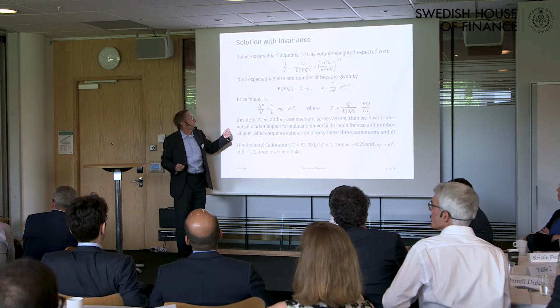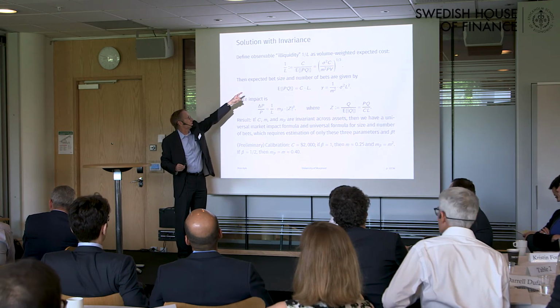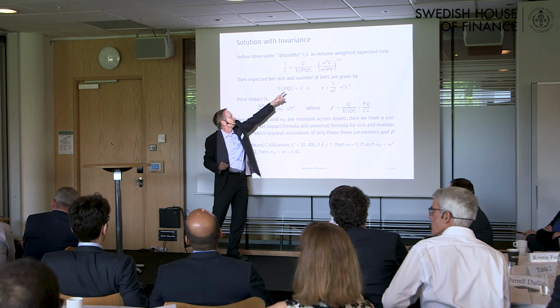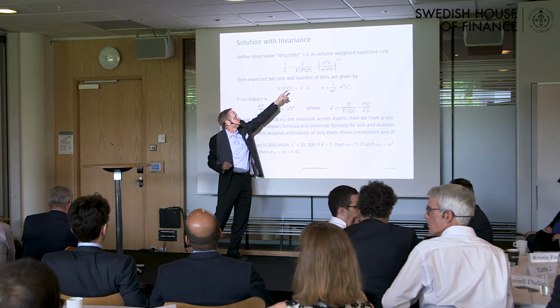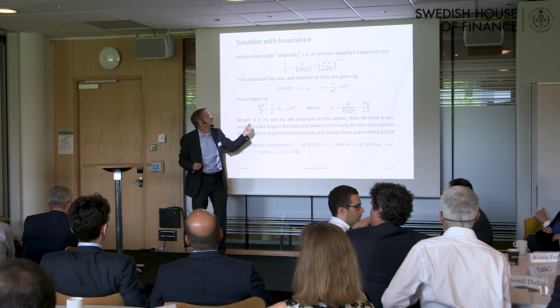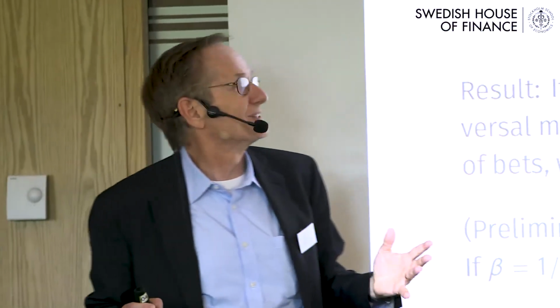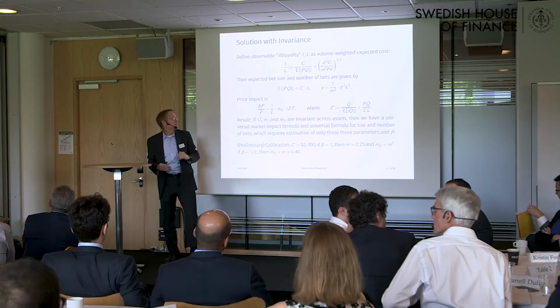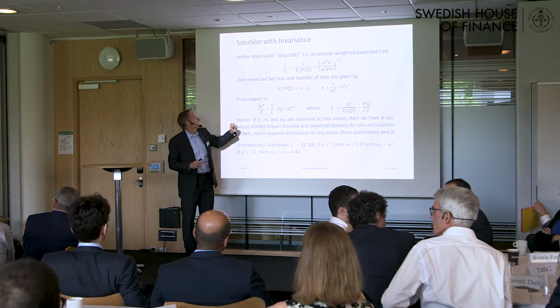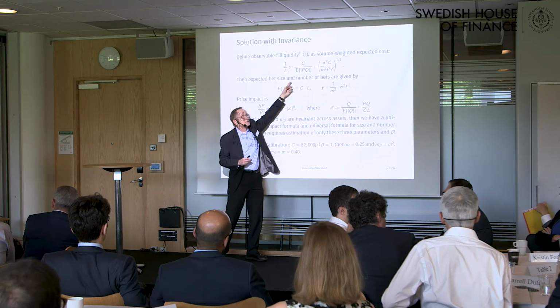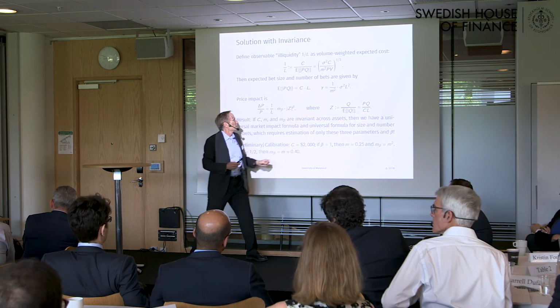And it turns out that you can define 1 over L, the reciprocal of how I defined L earlier, as this ratio, sigma squared c in the numerator divided by m squared PV in the denominator. You take the cube root of it. And this 1 over L is a dimensionless number because the numerator and the denominator are both measured in terms of dollars per unit of time. And this measure turns out to be the volume-weighted average cost of a bet.